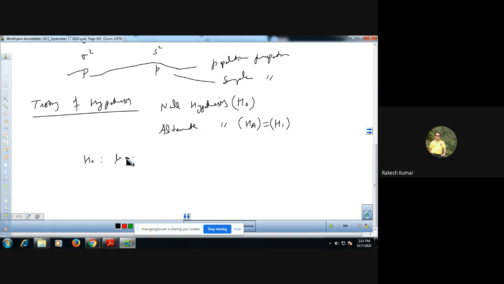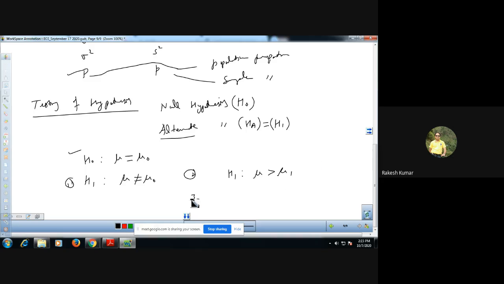Suppose we want to test that the population mean has a specified value, mu naught. This is the null hypothesis we want to test, and its complementary will be H1, the alternate hypothesis, that mu is not mu naught, and this is the first option. And the second option is H1, that mu is greater than mu naught.